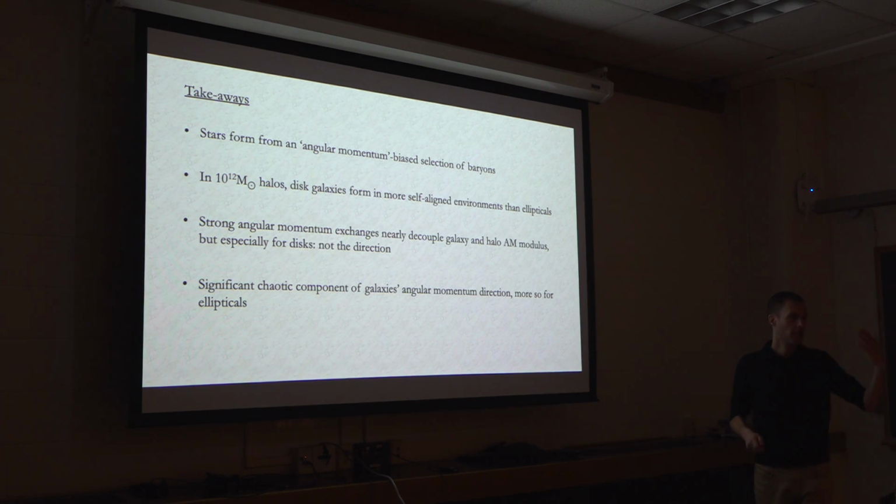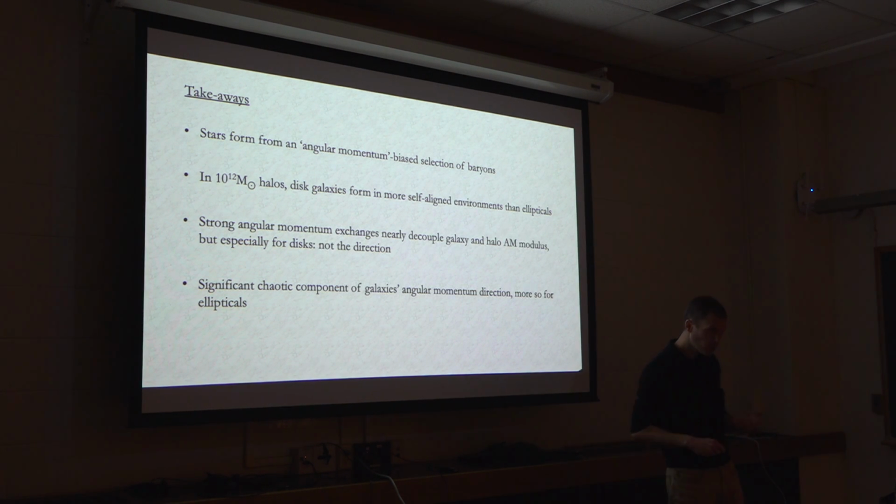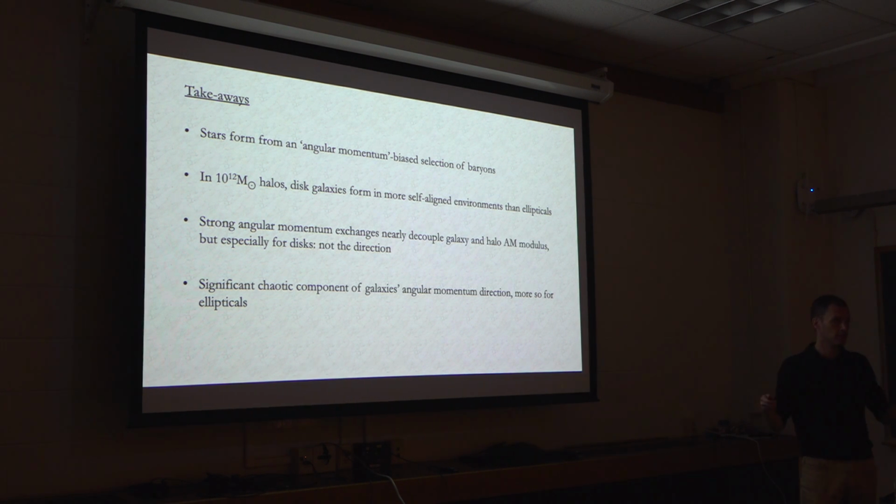Strong angular momentum changes over cosmic time lead to an almost complete decoupling between the modulus of angular momentum of stars and the dark matter halos, but the direction, in particular for these galaxies, remains fairly constant over time, with perhaps implications for intrinsic alignments. And finally, there is a significant chaotic component to the angular momentum of galaxies. Thank you for listening.